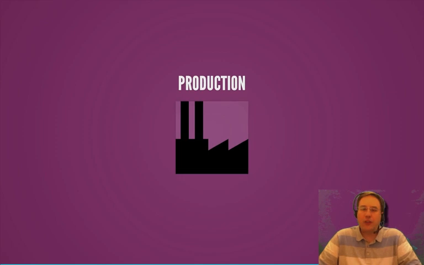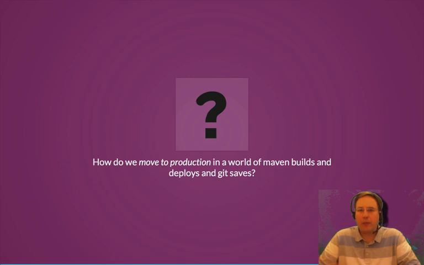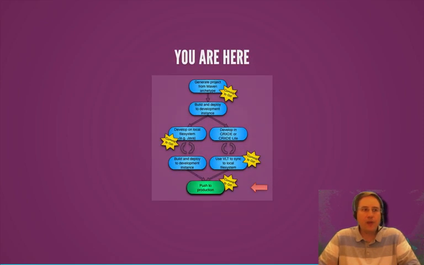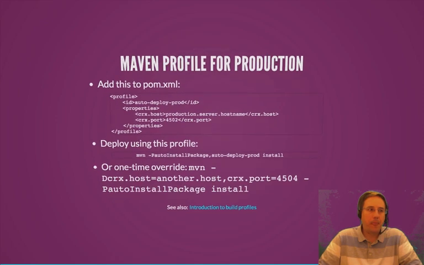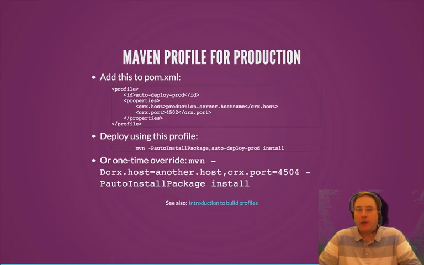Now, what about pushing your code into production? When we're using Maven builds and deploys and Git saves and VLT, how do we move our project to production? And this brings us to the last step of our ideal CQ project workflow, the push to production step. Well, there are many ways you can do this.